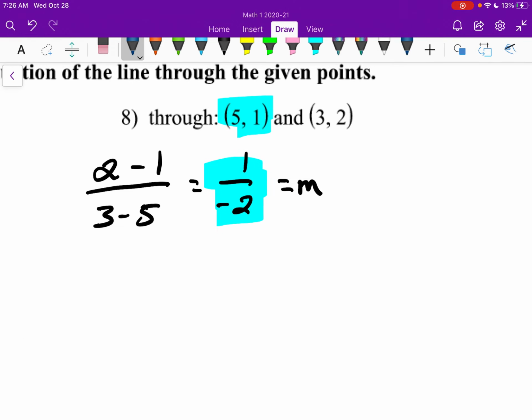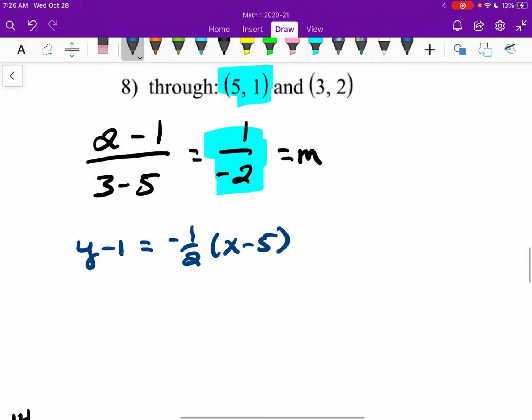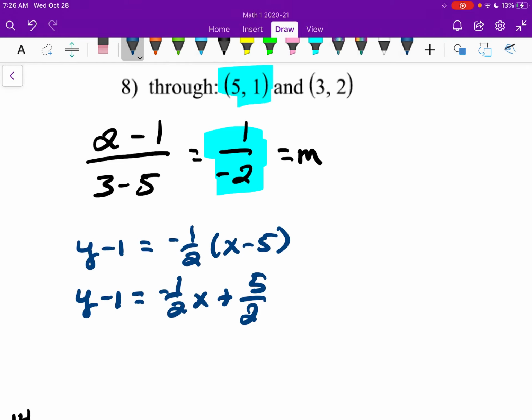There's my point, there's my slope, so I'm going to have y minus 1 equals negative 1/2 x minus 5. So I'm going to have y minus 1 equals negative 1/2 x plus 5/2. I'm going to add 1 to both sides.